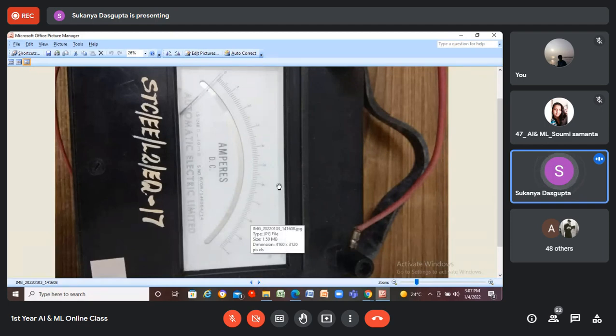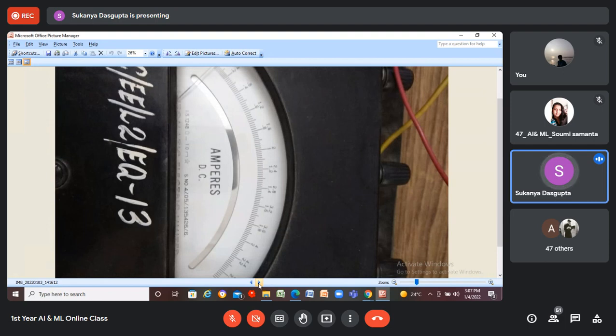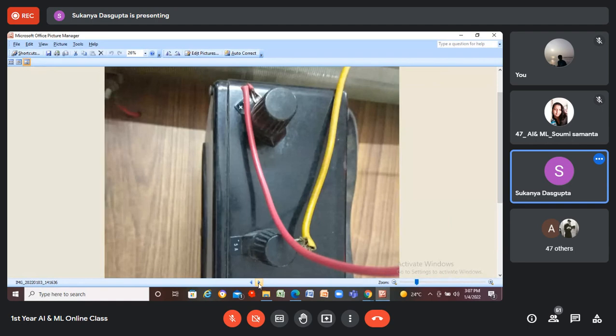This is the DC ammeter, which will measure the DC current. This is another ammeter. These are the terminals across which the instrument will be connected, the positive terminal, and we have connected at 5 ampere because the same ammeter can be operated for a 2.5 ampere range.